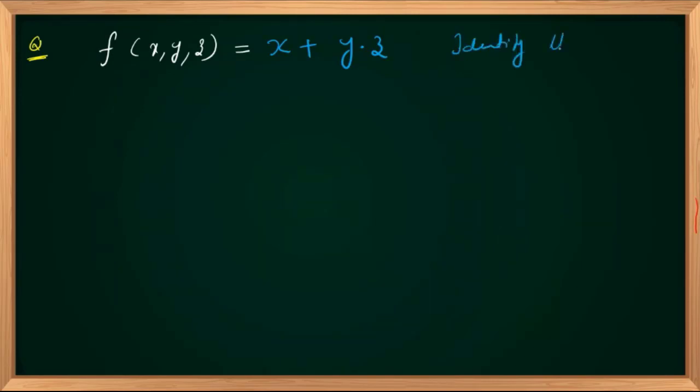Identify the number of min terms of the function f. You should identify the number of min terms of the given function, and we are having four options: a, b, c, d.